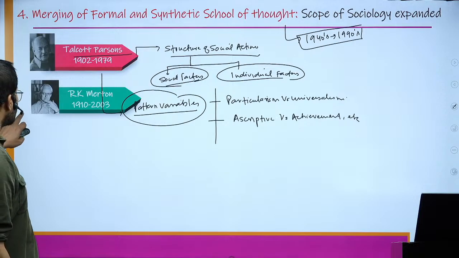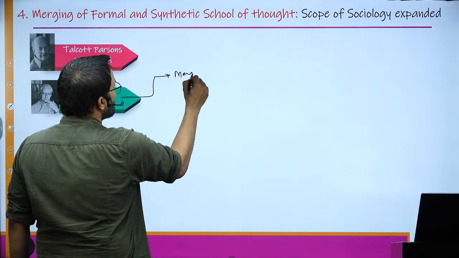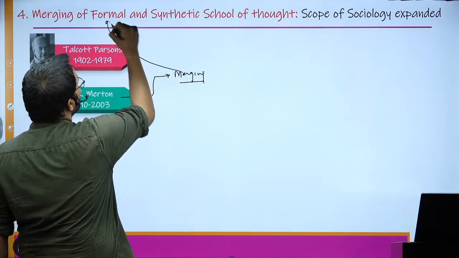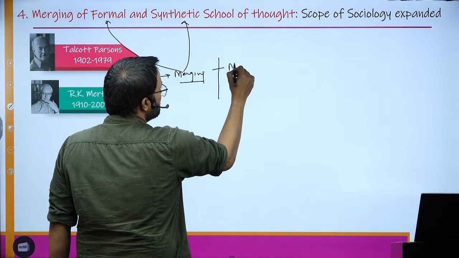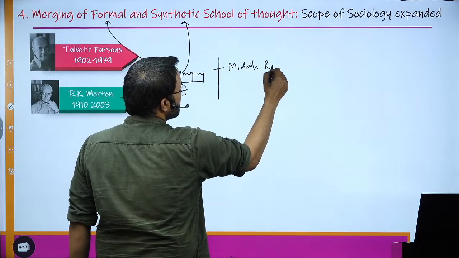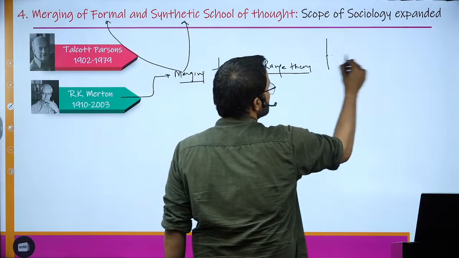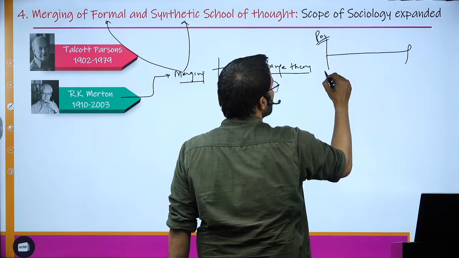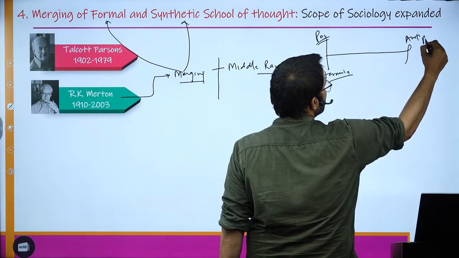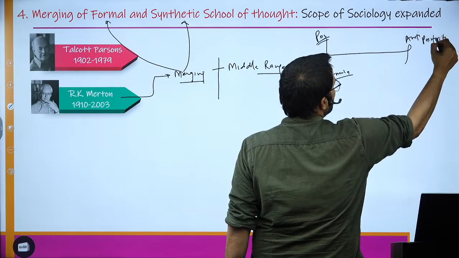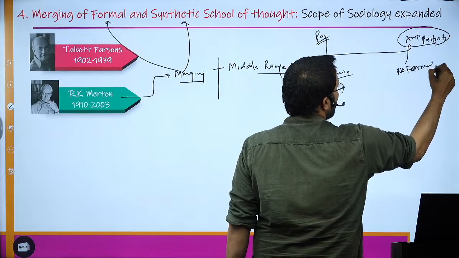Then R.K. Merton. R.K. Merton was also talking about merging both the formal and synthetic schools of thought, by talking about things like middle range theory. Suppose the positivists were talking about formulas, and there were certain people, the anti-positivists, who were saying that you need to focus only upon the psychic level, so you cannot arrive at a formula.